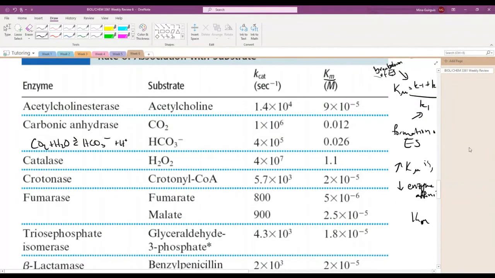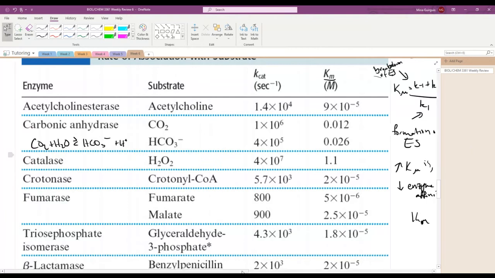So in my head, this is telling me that CO2 is more likely to bind to carbonic anhydrase. Depending on the rates, the forward reaction could be predominant just because of higher affinity, possibly higher Kcat. And in this case, it is a higher Kcat. So to me, that indicates this forward reaction is going to be more likely than the reverse reaction, okay?